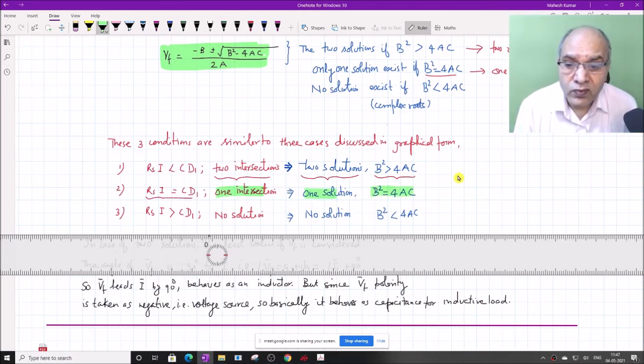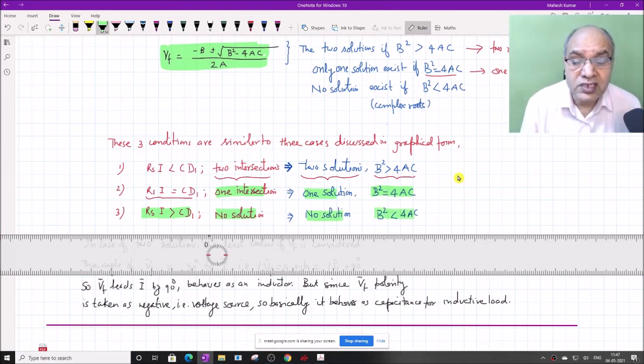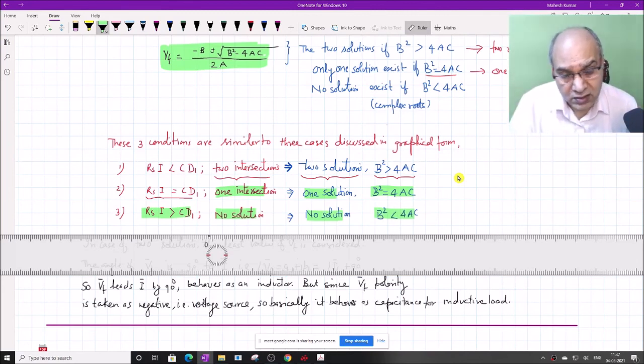And the third one, when RS into IS is greater than CD1, no solution, and it implies that B square is less than 4AC, the roots are complex. So these three conditions in the graphical study correspond to three conditions of the quadratic equation solutions.